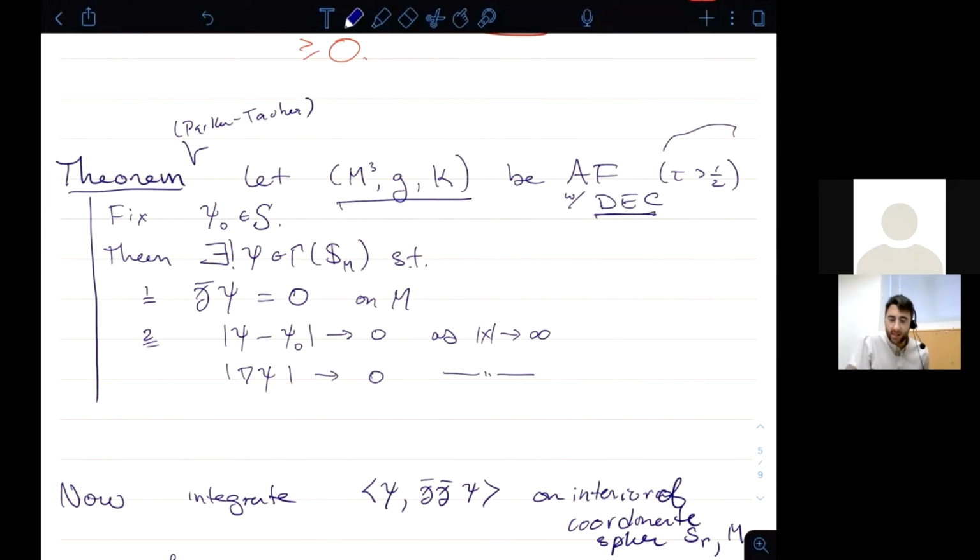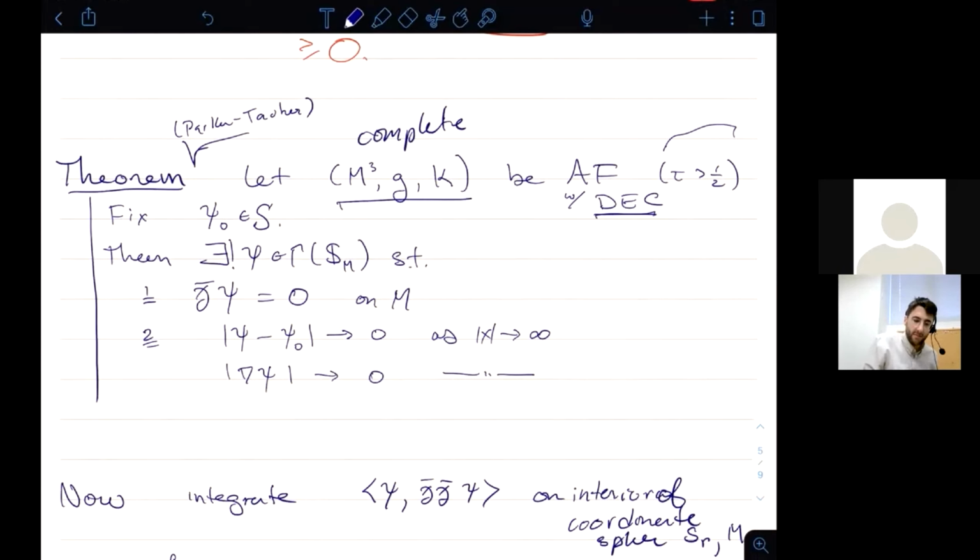We say we're complete, so no boundary in this setting, just one end. Witten made use of this implicitly, and Parker-Taubes gave a more general, rigorous proof of this theorem.